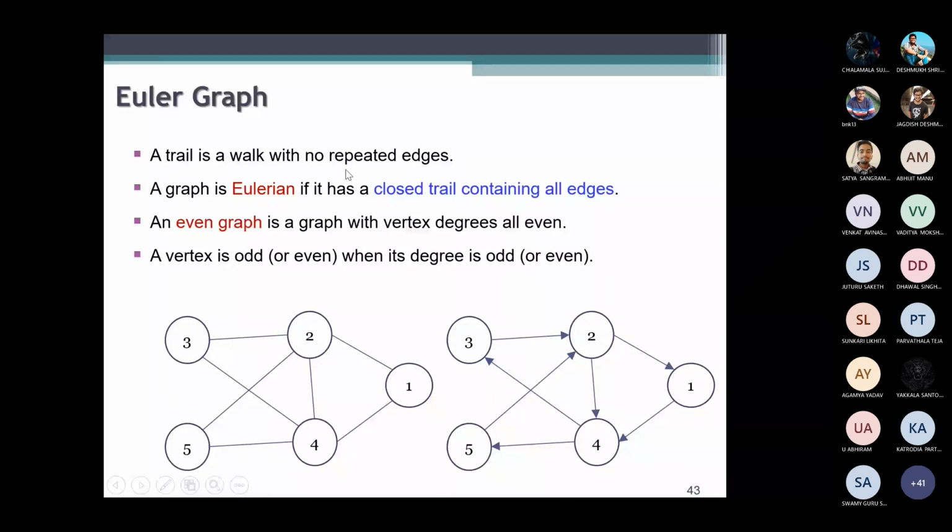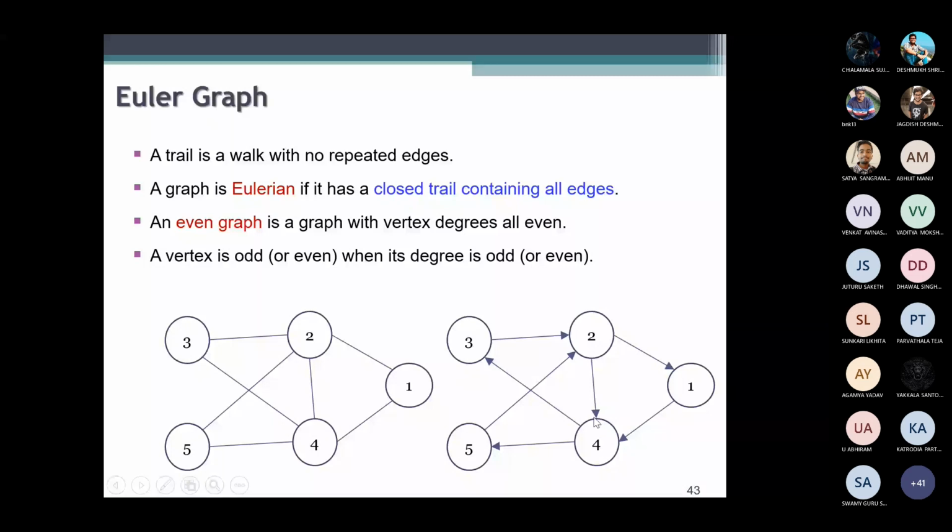So a graph is called an Euler graph if it has a closed trail containing all the edges. What does that mean? Suppose this graph is an Euler graph. Why? Because you can find a closed trail containing all the edges. Say you start from 1, you go to 4, from 4 you may go to 5, then you go to 2, again you come back to 4. So vertex 4 is repeated, but that is allowed.